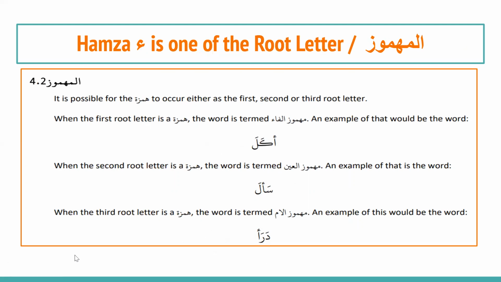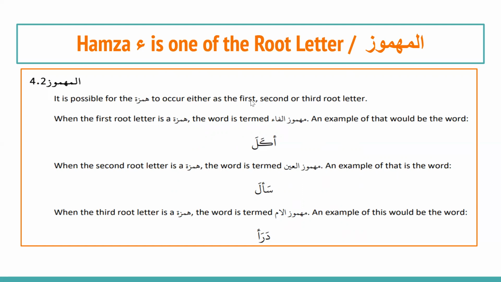Now coming back to the first one, we are taking them one by one. The first irregularity is when Hamza is one of the root letters. For example, you can see akala, sa'ala, dara'a. It is possible for Hamza to occur either as the first letter or the second or the third root letter, either fa, ain or lam kalma.